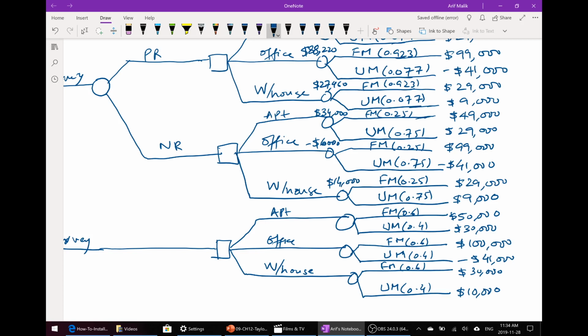And this we already have, which was the expected values. Expected values were there. This is, I suppose, $42,000. This is $44,000, and this was $22,000.